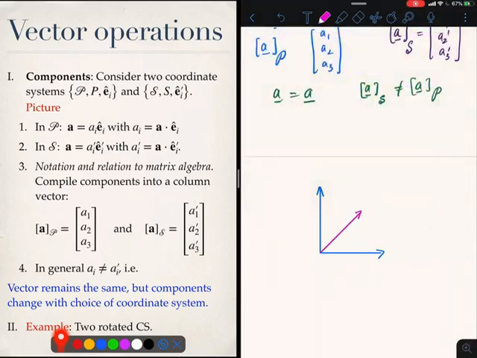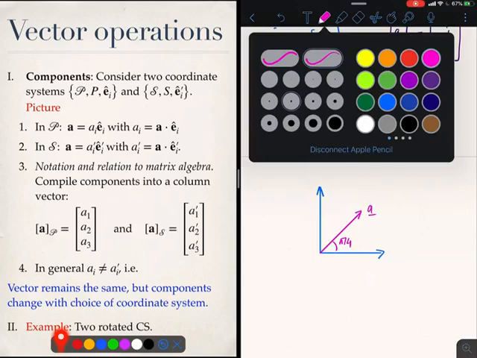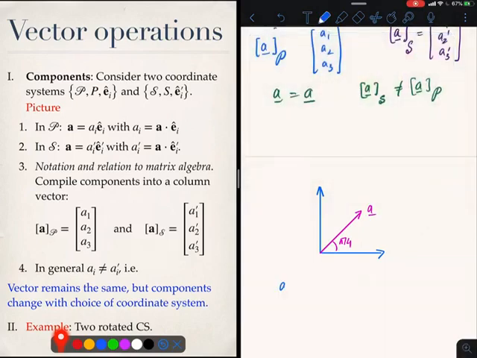Okay, let's say this is 45 degrees, pi by 4. So clearly, let's give E1 origin O, E2 coordinate system A. So A is A1 E1.